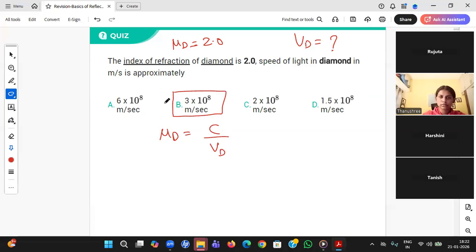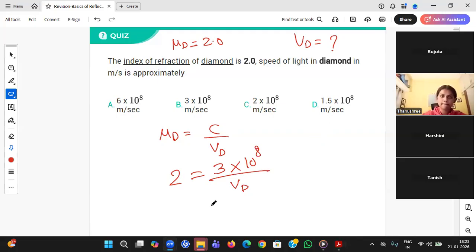The speed of light is always maximum, 3 into 10 power 8, which is in vacuum or sometimes air. All the speeds will be less than that. Yes, Harshini, right answer. Narendran, right answer. The formula is here, and C is nothing but the vacuum speed. Yes, right answer, Rujita. Mu of D, C, the velocity of light in vacuum, is fixed. It will not change. Mega, right answer.